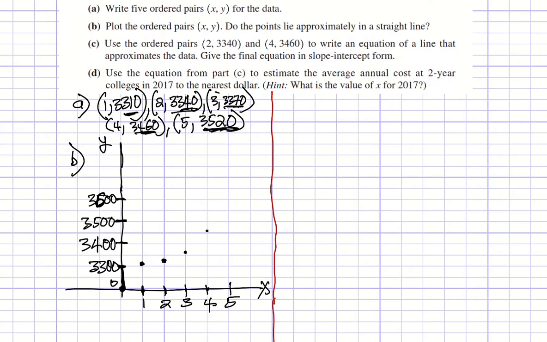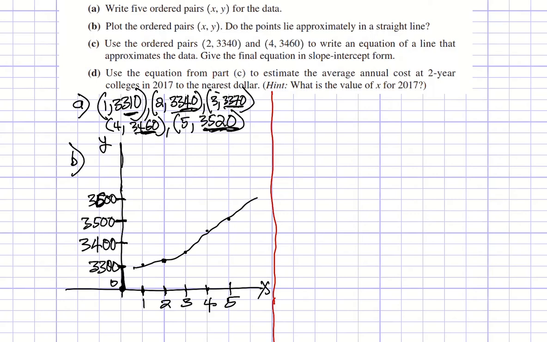And then the fifth is 3520, maybe somewhere here. I don't know, man. What is the first one I drew? 3310. Actually, I made a mistake there. It shouldn't be all the way. 3310 should be maybe somewhere here.